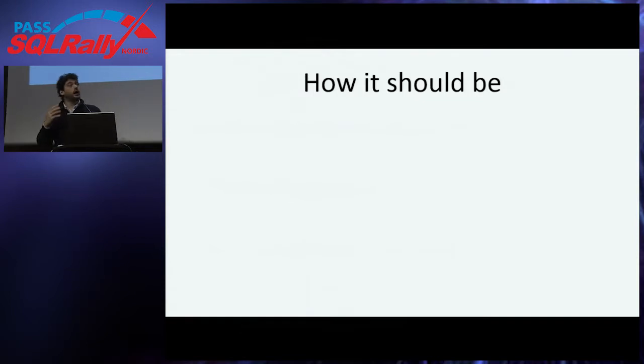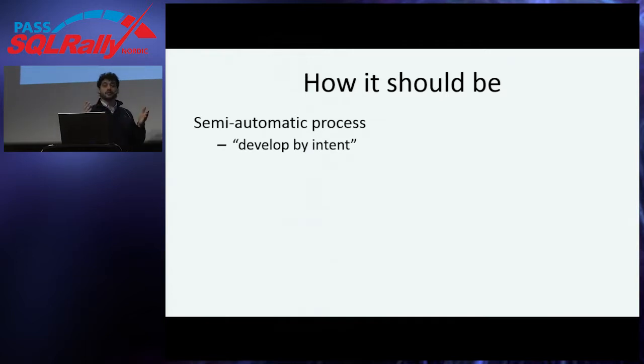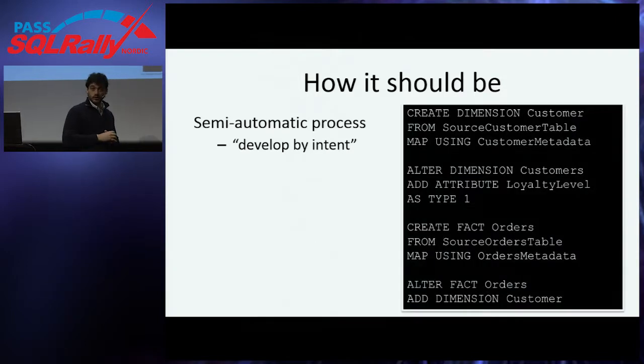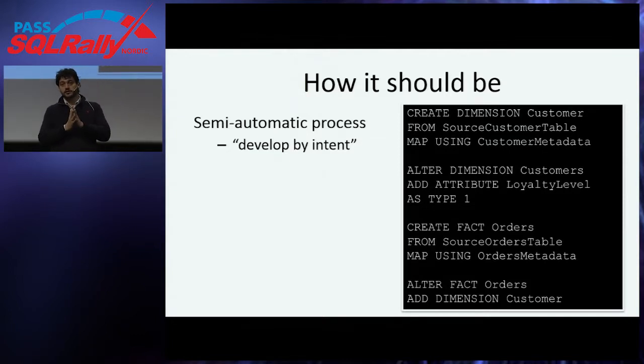Now, how I would like it to be, and you can tell me if you agree or not, is a semi-automatic process. I would like to say what I want, and have the machine do the physical process of doing things. Just imagine something like that. Wouldn't it be nice? Create dimension, and that's it.